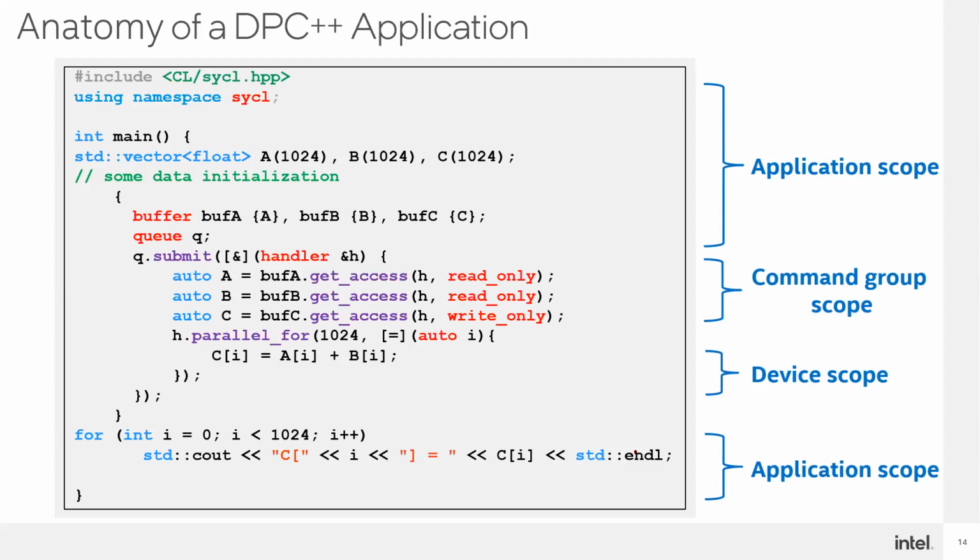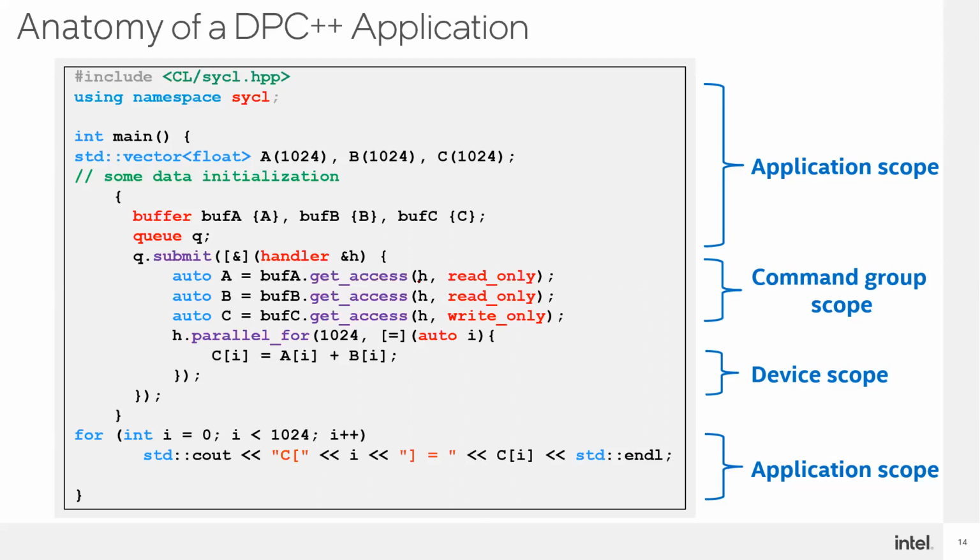Sometimes you will see that there is host code and device code, and you need to understand that you will need different compilers for host and device code. But sometimes it's also important to separate the scope. There is an application scope, and it's maybe better to start with the command group scope.